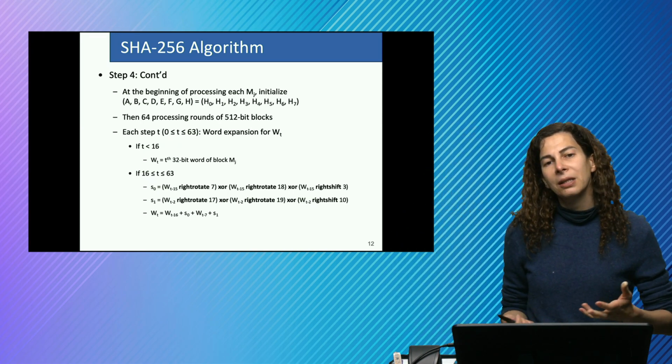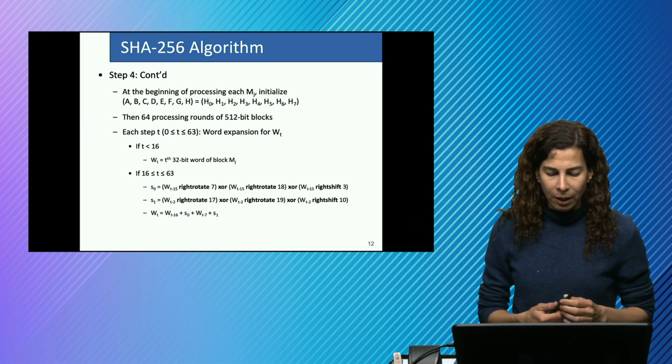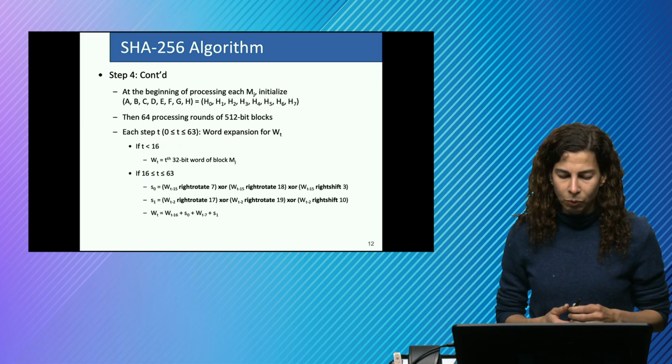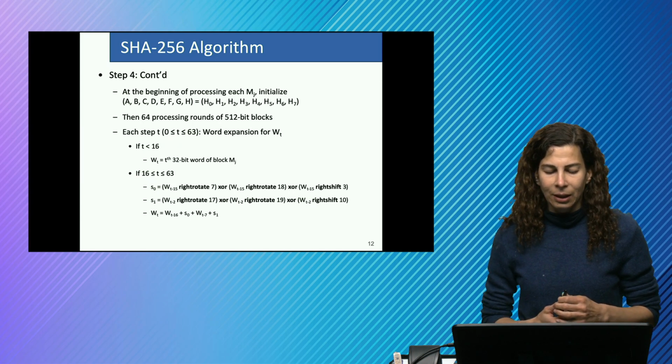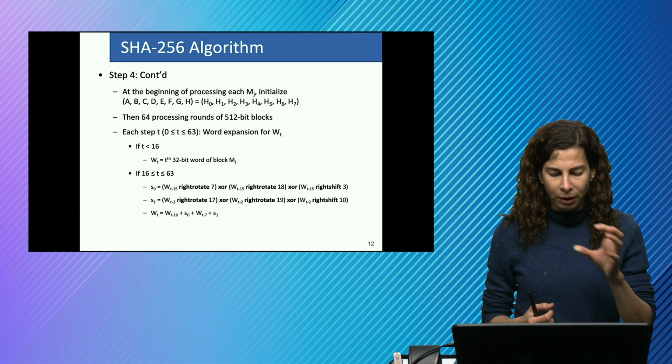And the recipe is this: if you're at a round less than 16, what we are going to do is assign the next 32-bit word of the block.